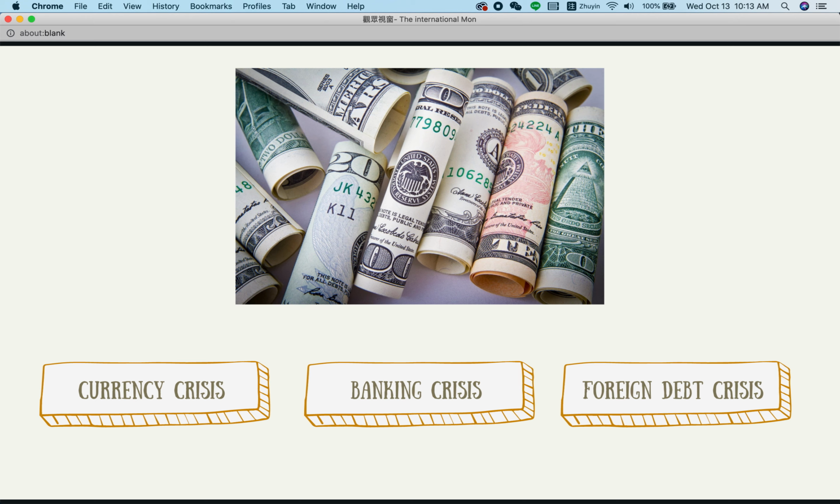Also 54 banking crises. Developing nations were more than twice as likely to experience currency and banking crises as developed nations.